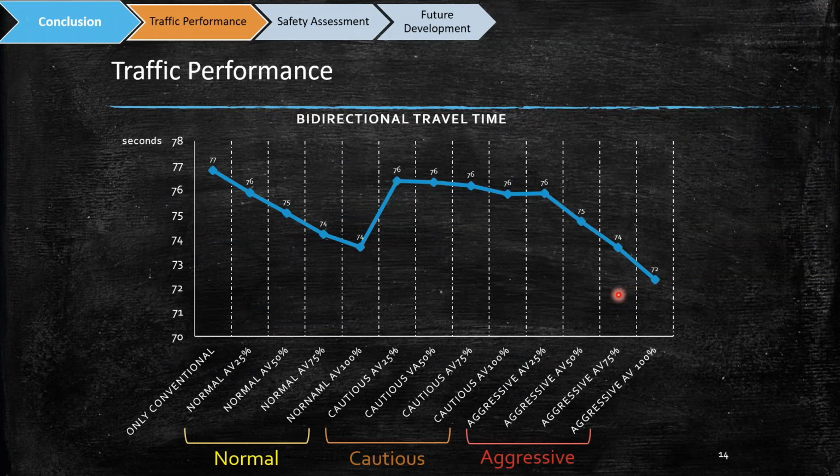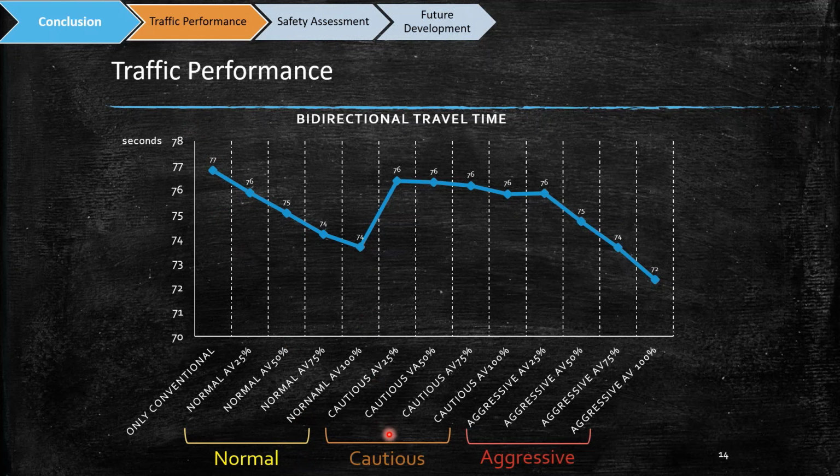So as a result, the traffic performance that we have on the link of that urban roadway, you can see, apart from the conventional vehicle that has a travel time of 77 seconds, for the rest of them, when you go for the normal one, there is a reduction in travel time.